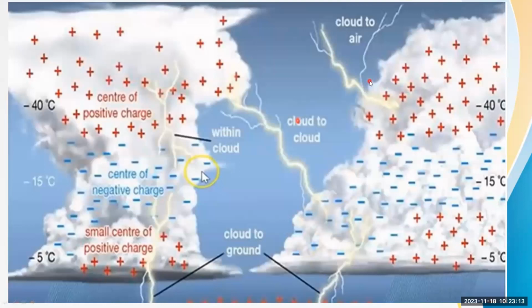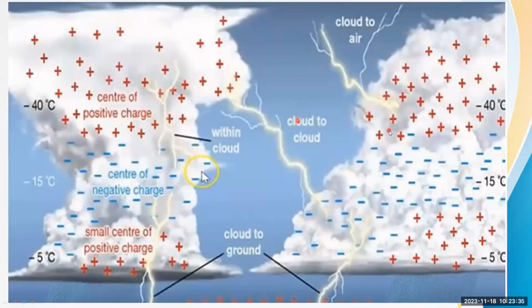How these charges form in the clouds we can understand by using different types of theories. Okay, lightning phenomenon is a peak discharge in which the charge accumulated in the cloud discharges into the neighboring cloud, cloud to cloud or cloud to air.